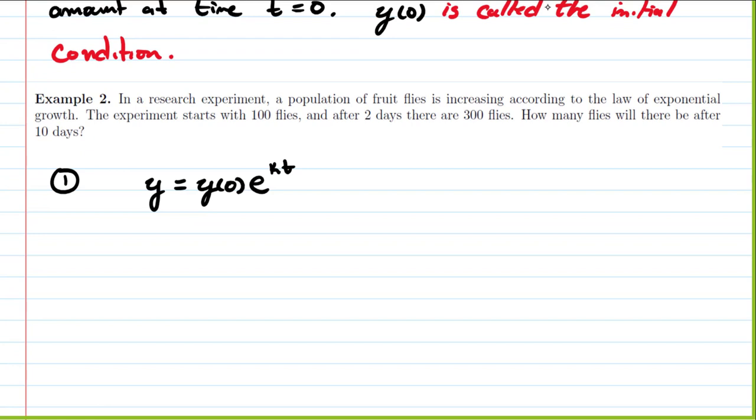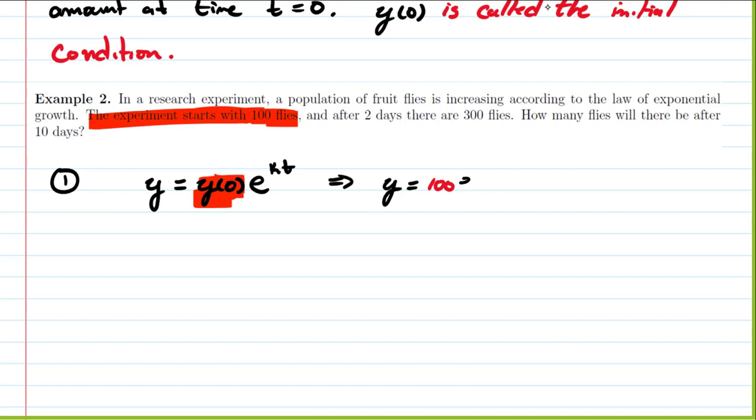So in this problem, how many flies did we have at the beginning of this experiment? 100. So we started with 100 flies. So y of 0 is going to be 100. So let's put that into our equation. So we get y equals 100 e to the kt.